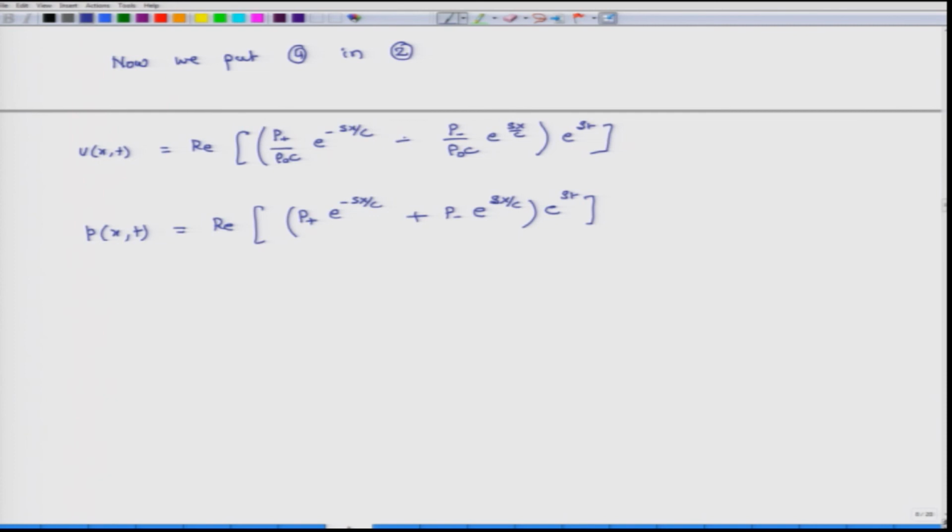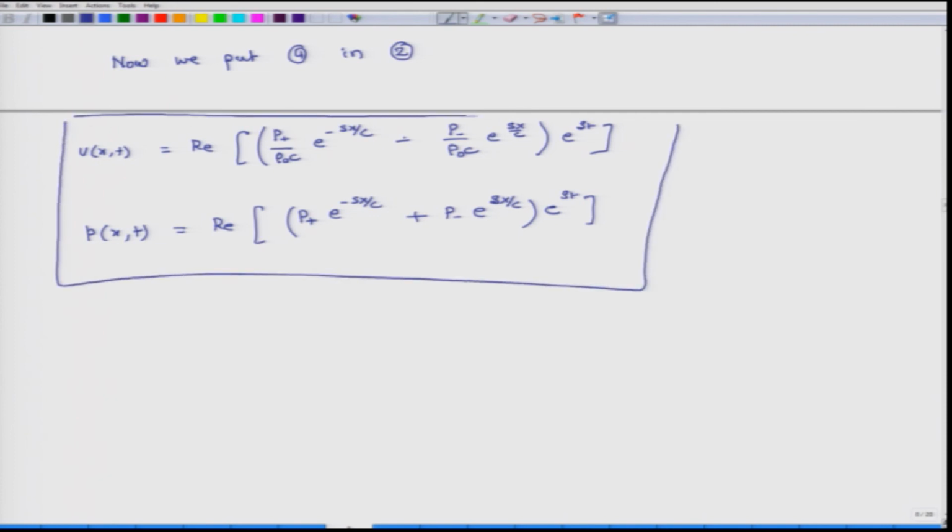So, these are the two transmission line equations in the final form, for pressure and velocity respectively.